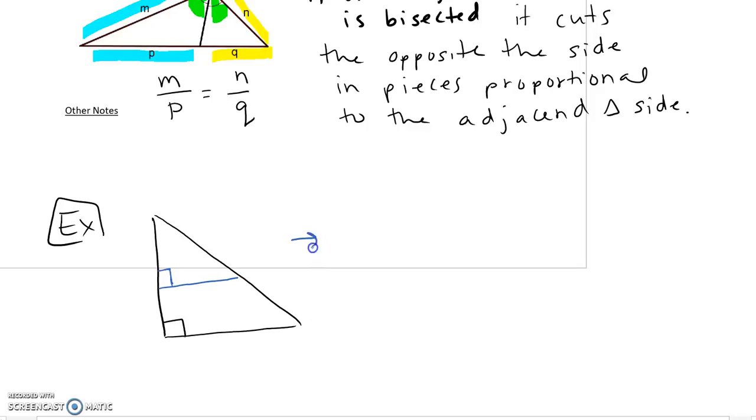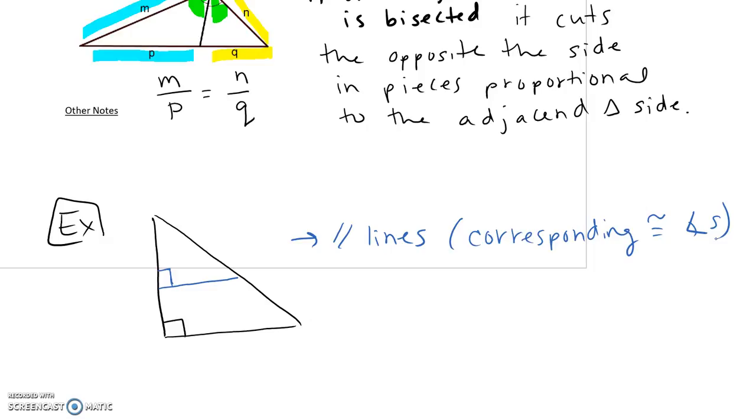In this case, there are parallel lines because you have corresponding congruent angles. Those lines have to be parallel because both of those were 90. If both of those had been 80 degrees, they'd be parallel. If both of those had been 30 degrees, they'd be parallel. As long as the angles are the same, the sides have to be parallel.